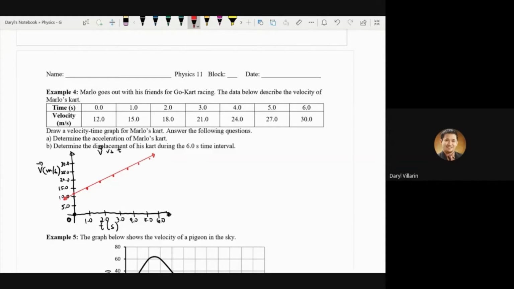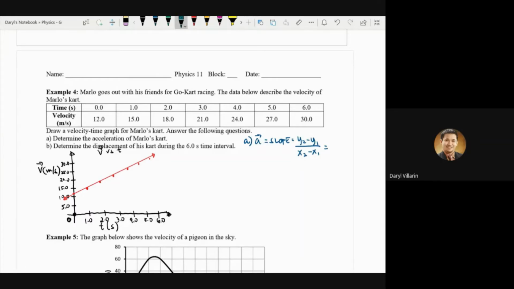Now we can get the average acceleration. To answer letter A, acceleration is just equal to the slope, and the slope is your y2 minus y1 all over x2 minus x1. So you're going to choose 2 points.